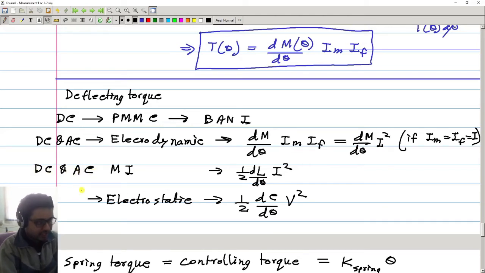But when we consider the engineering side also, the retentivity issues, then we do not use it for DC.